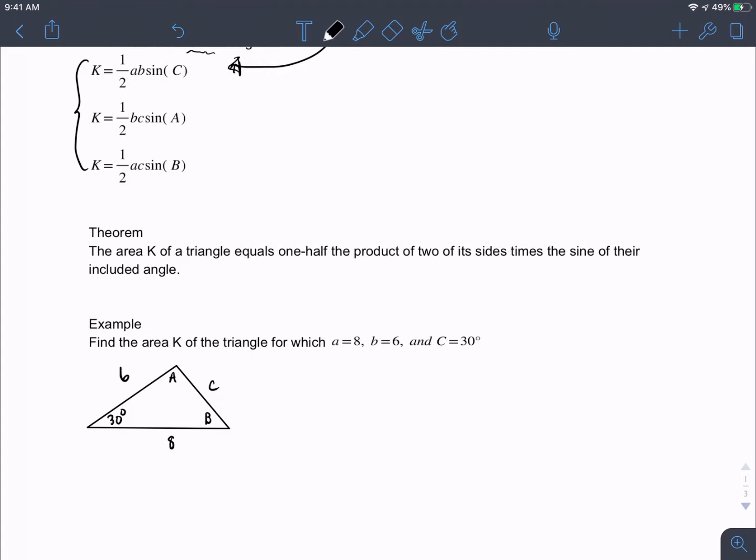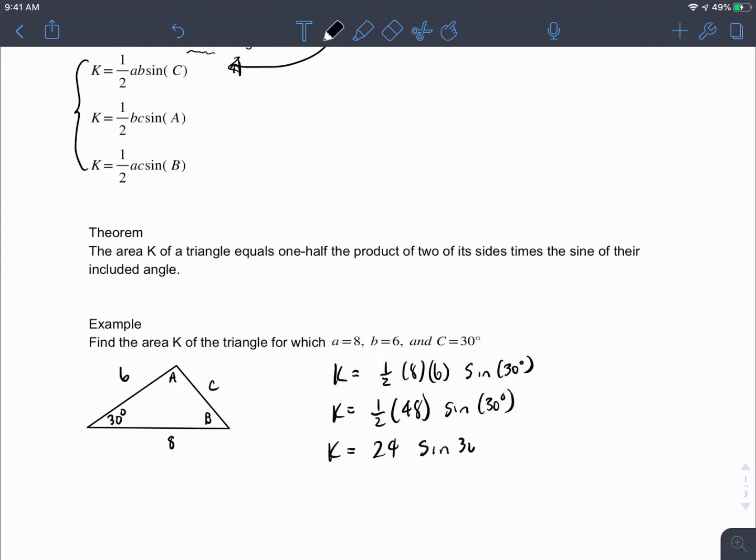And so the area we're going to use is we have our A, our B, and our C. So we're going to go K is equal to 1/2 times 8 times 6 times sine of 30 degrees. Well, that's going to be 1/2 of 48 sine of 30 degrees, and that's going to be 24 sine of 30 degrees.